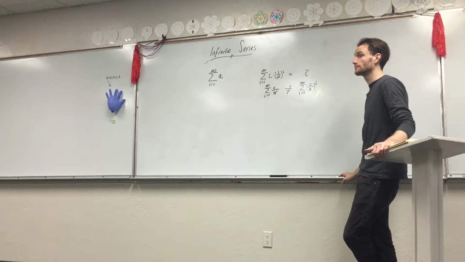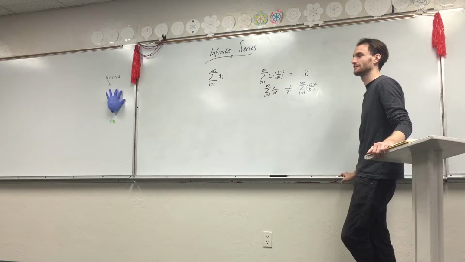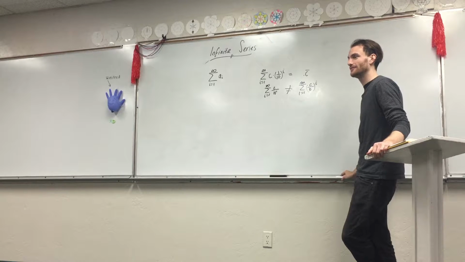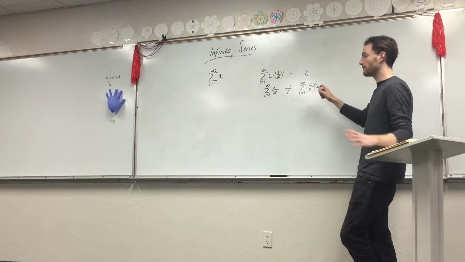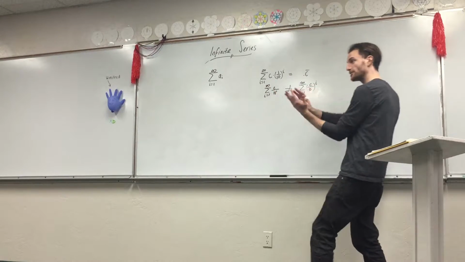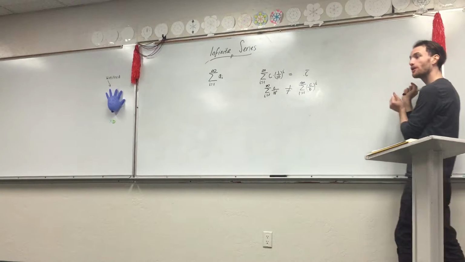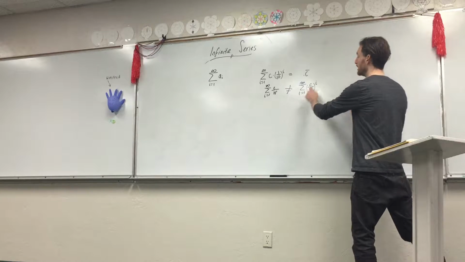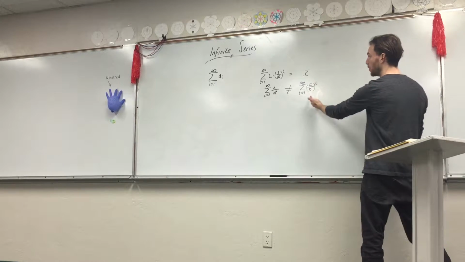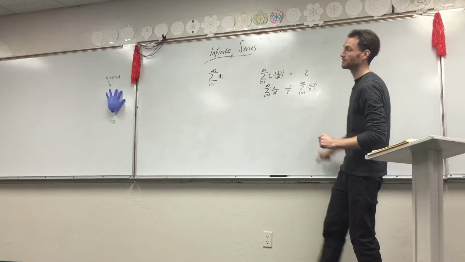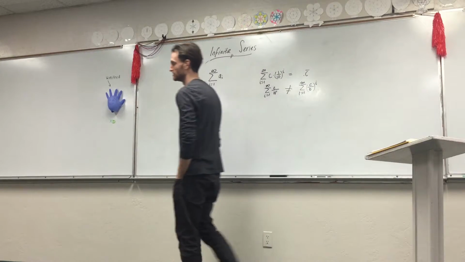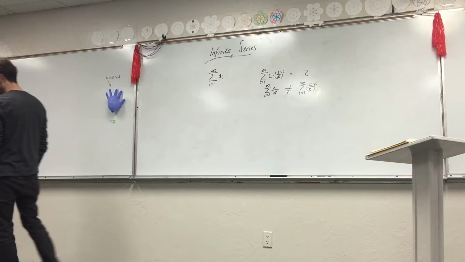C was a number smaller than 10. Very good. If C was smaller than 10, then it would be a fraction, and every time I square a fraction or multiply it by itself, it gets smaller and smaller and smaller, so it would end up as a finite number. If C was equal to 10, this would just be 1, so I'd just be adding 1 infinite times, which would be infinity. And if C was bigger than 10, very clearly, I would be getting bigger and bigger and bigger each time.